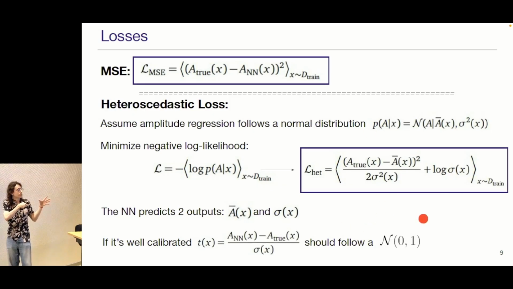So you really need the uncertainty to be well calibrated to your assumption. Then your neural network has 2 outputs, the amplitude and the uncertainty that you care about. And if this is well calibrated, this quantity, the pull, should follow a standard normal distribution, and it's a good test to check if your assumption is right and if everything is working fine.